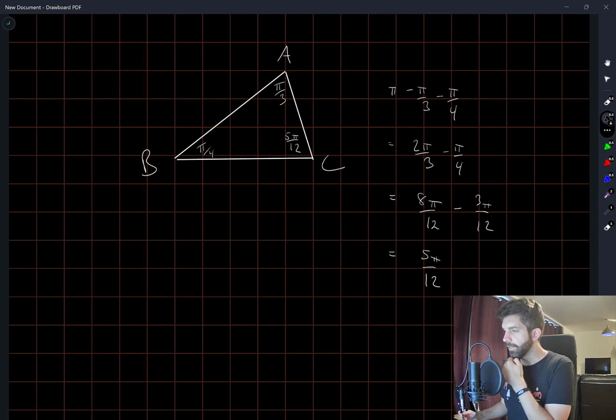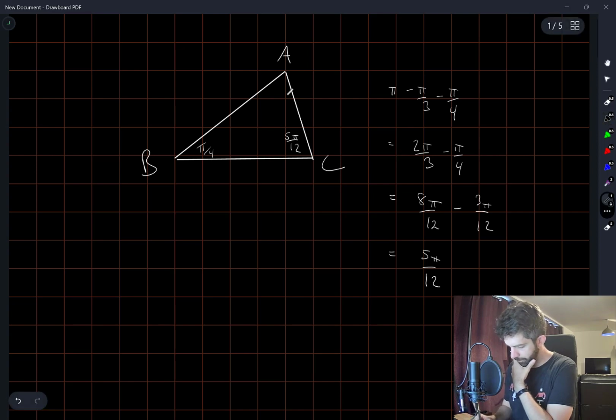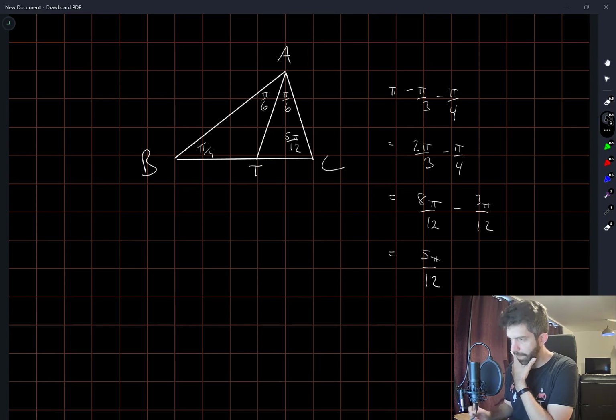We have the bisector of angle A, so this will become two angles, pi over 6. This is the point T. AT is 24.